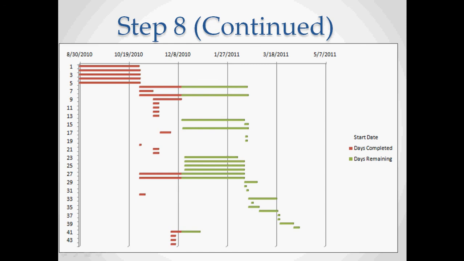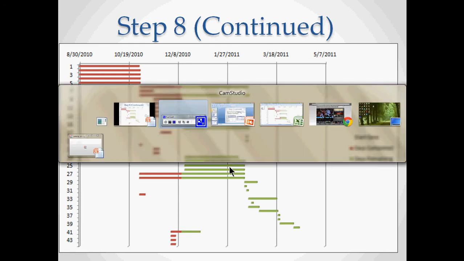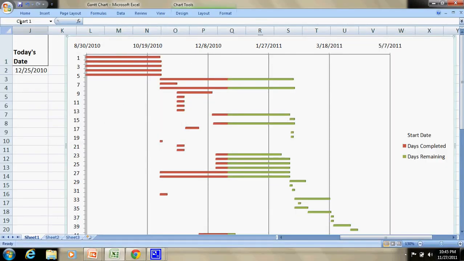So whenever we change the current date, this line here where the colors are being changed will shift from left to right or vice versa. So let's look at how the chart behaves when we change the current date. So this is my Gantt chart in Excel.